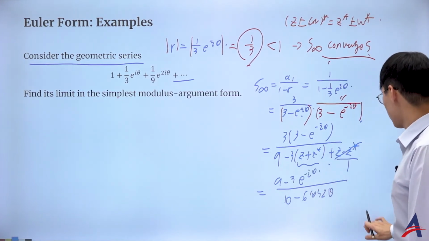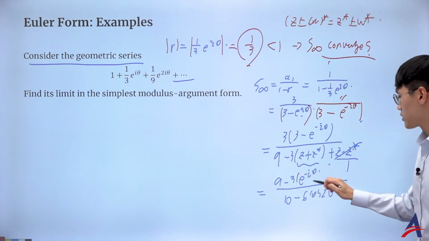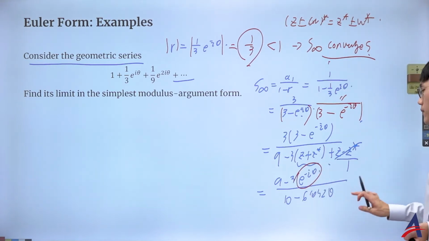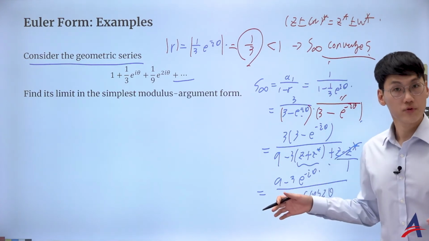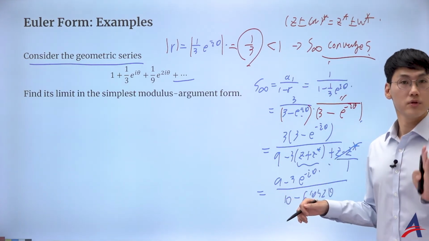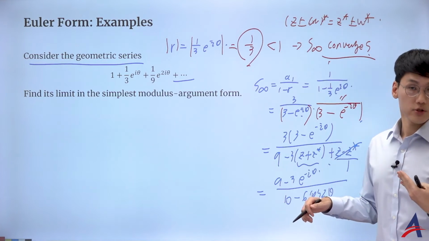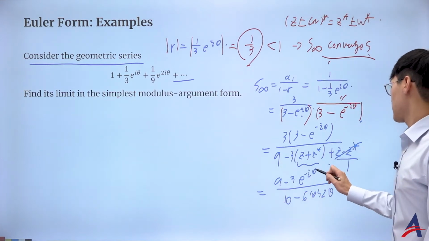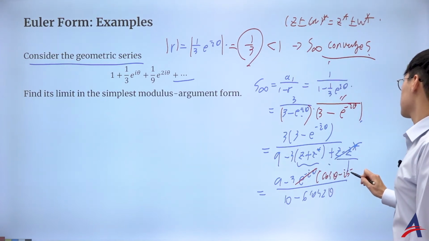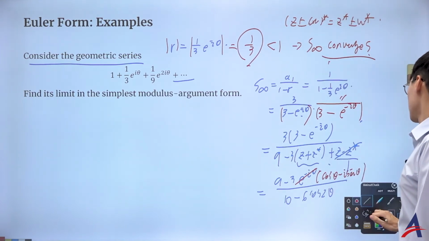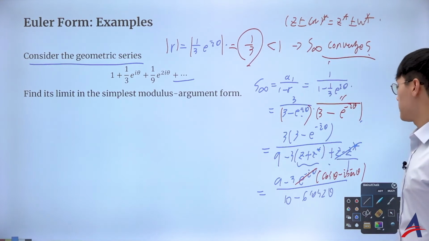However, I want you to remember, my friend, that if I have a complex number in exponential form, at the end of the day, what you really want is to separate the real and imaginary parts. So I'm going to change that into cosine theta minus i sine theta, is what you want to do. Then I'm going to compare the real and imaginary parts, isn't it?